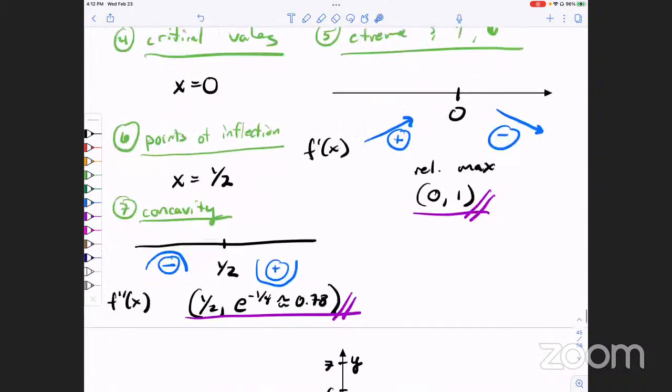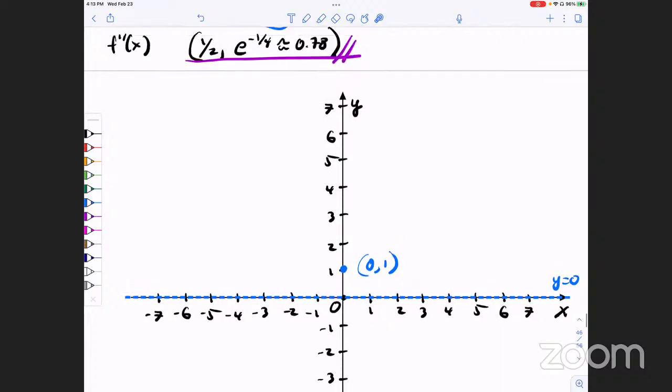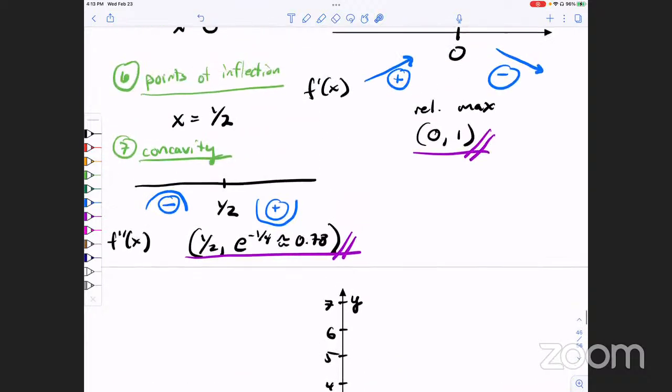Okay, well, let's just keep going. So we had a relative max. Let me think about it. It could be like this. I'm trying to get a sense. Okay, so we got a relative max.